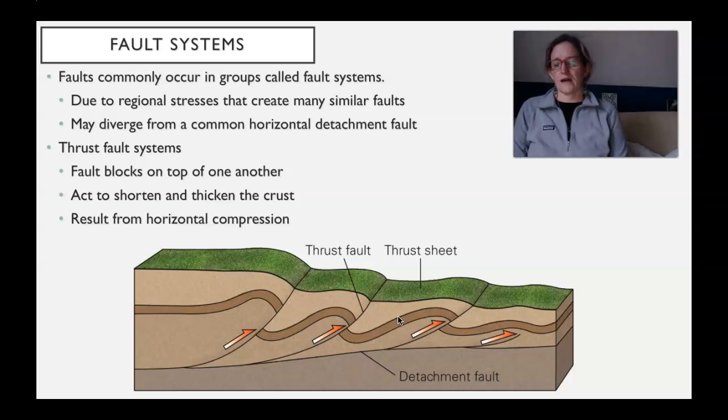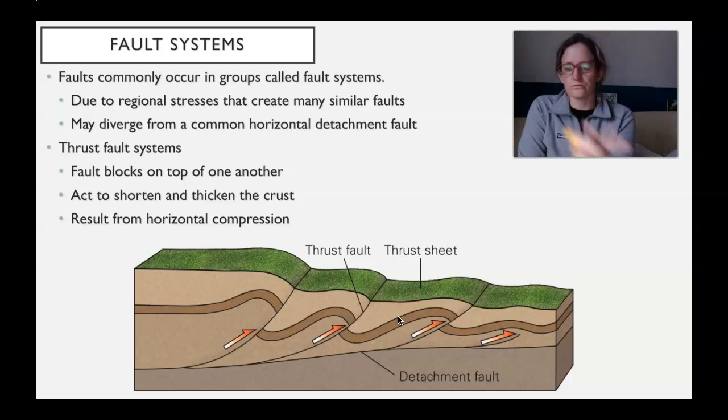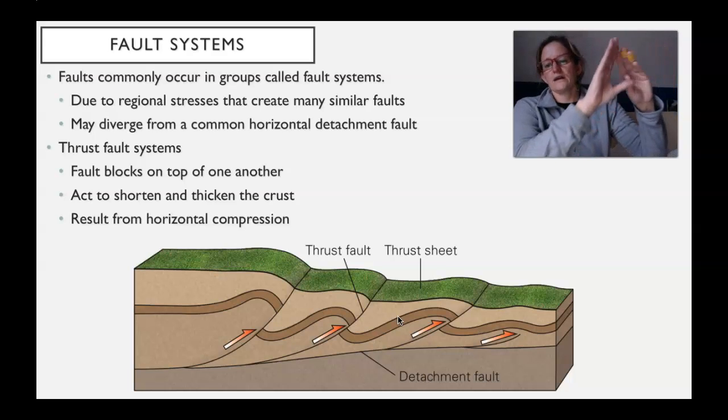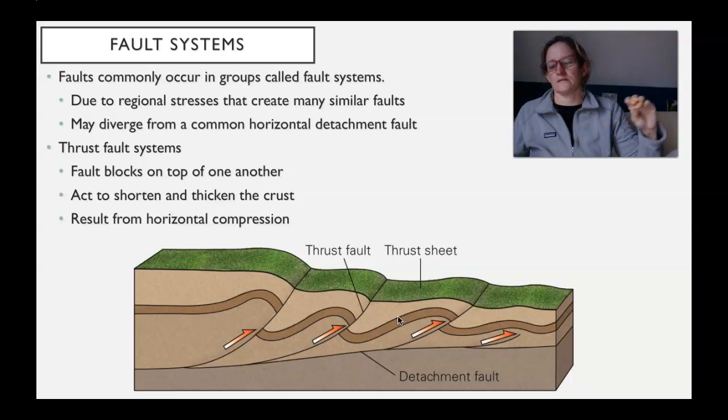They're usually going to have a similar style of faulting. So there are 1, 2, 3, 4 thrust faults there. And then they may all come together in one big detachment fault that grounds the whole system.